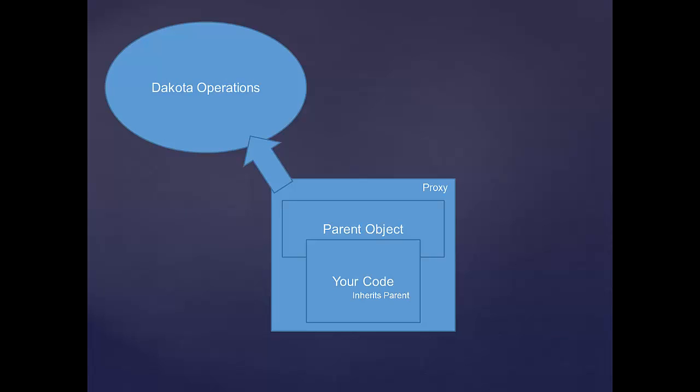So Dakota makes a call on the proxy. The proxy says, "Oh, look, I've got Billy Bob's code in here. I will go call it in Billy Bob's code." The proxy also has some default behavior and a defined interface, which then links it into the rest of the Dakota operations.